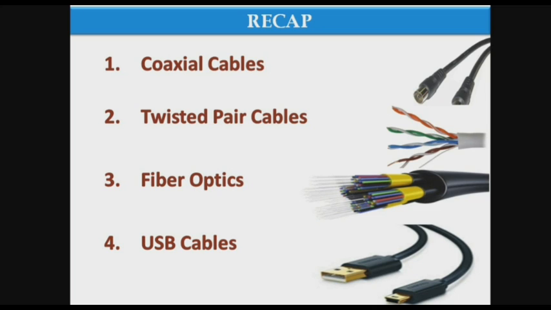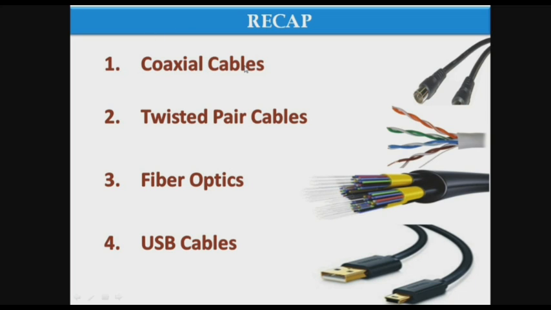In these videos, we have discussed different types of network cables. Among them, we have discussed the first cable in the first video, coaxial cable. So it is one of the types of network cable. It is especially used for connecting telephones and computers in LAN.